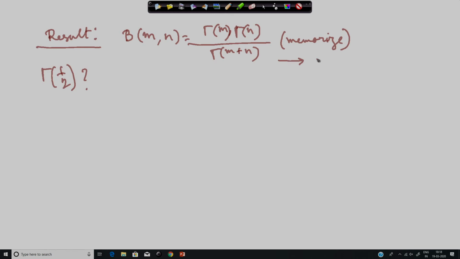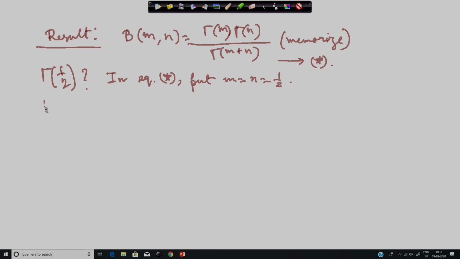In equation star, you put m equal to n equal to half.